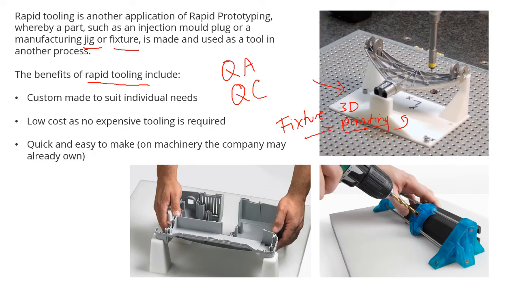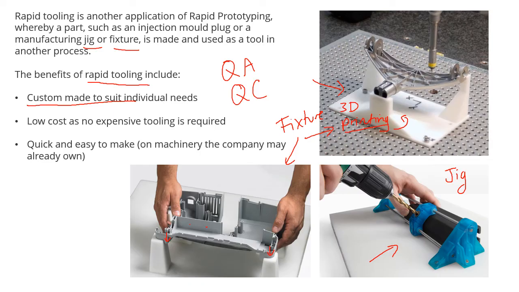Okay, so that's an example of a fixture. The one that we were just talking about here, and so is this one. So you can see that this looks like an injection molded part that is being supported in a 3D printed fixture, and that's custom made to suit the needs of that product and that client. Really like this one as well, and you find loads of these online. This is a 3D printed jig which you can slide your product into, and you can line up and drill a hole in a particular place.